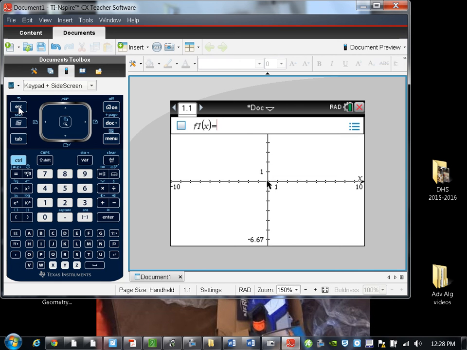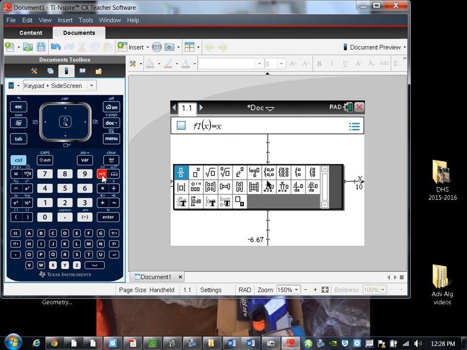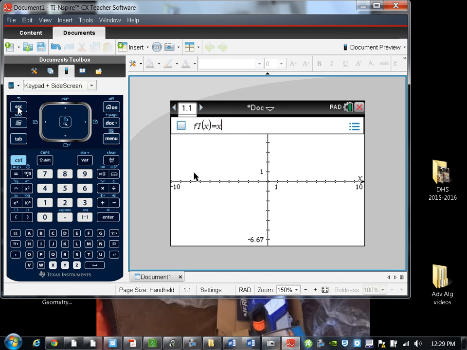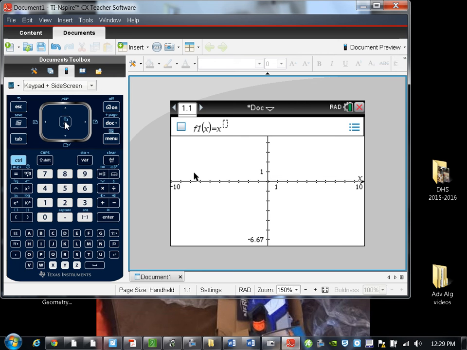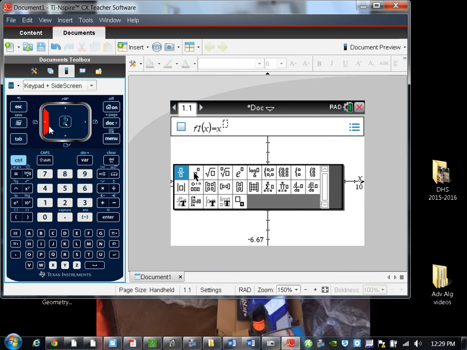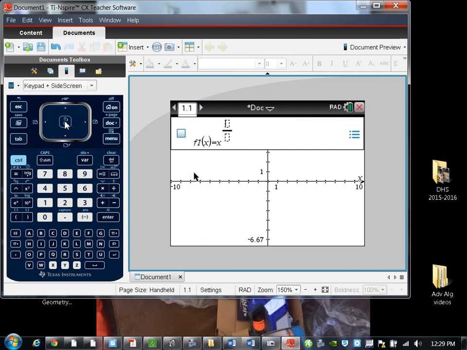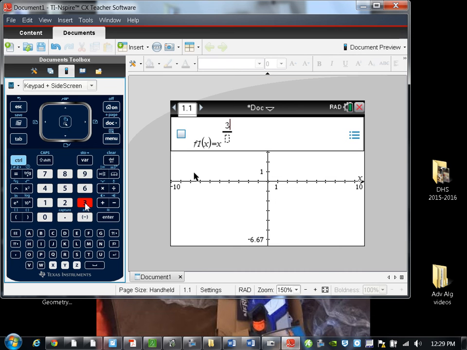So this one here, I'm going to go X to the... Oh, I hit the wrong button. I'm thinking the old calculator is not that one. Wait, wouldn't it be x to the 3/5? Now I'm going to do that again to create a fraction. You did that the really hard way. I'm sure there's an easier way. I'm still learning on this calculator.